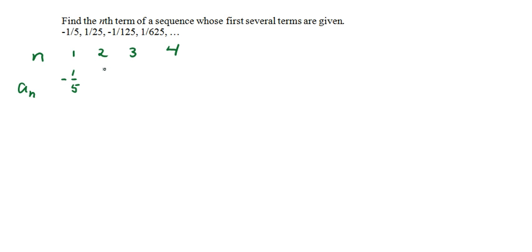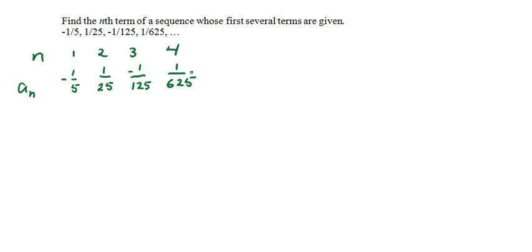In the second case is positive 1 over 25. The third term is negative 1 over 125, and the fourth positive 1 over 625.